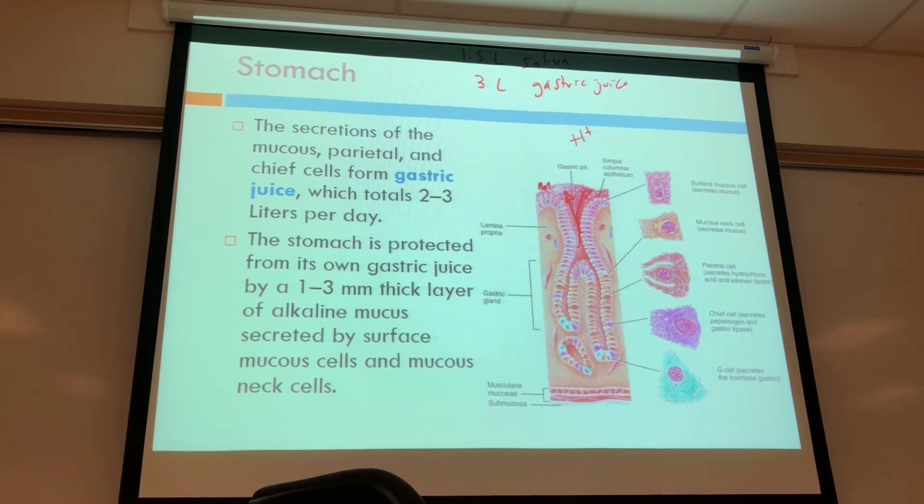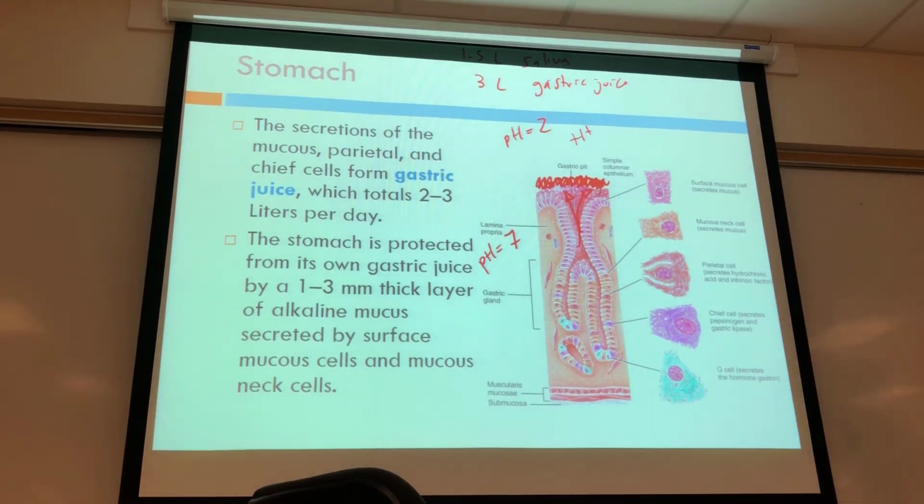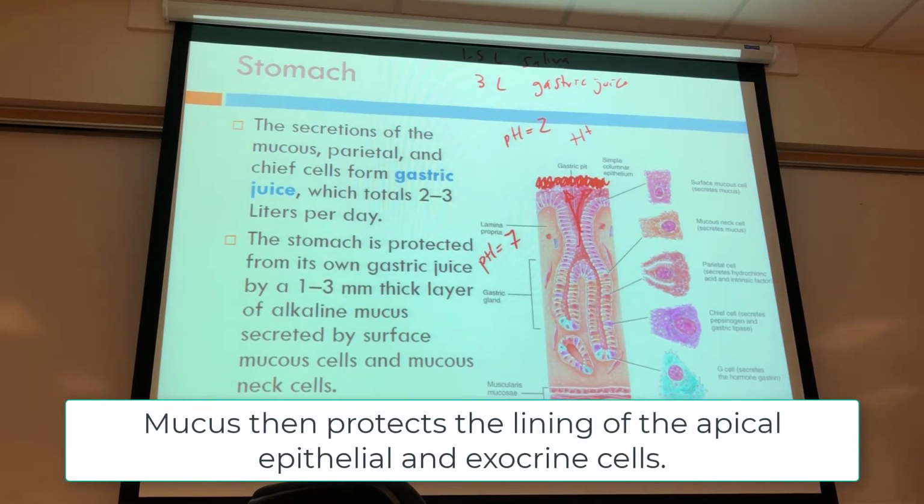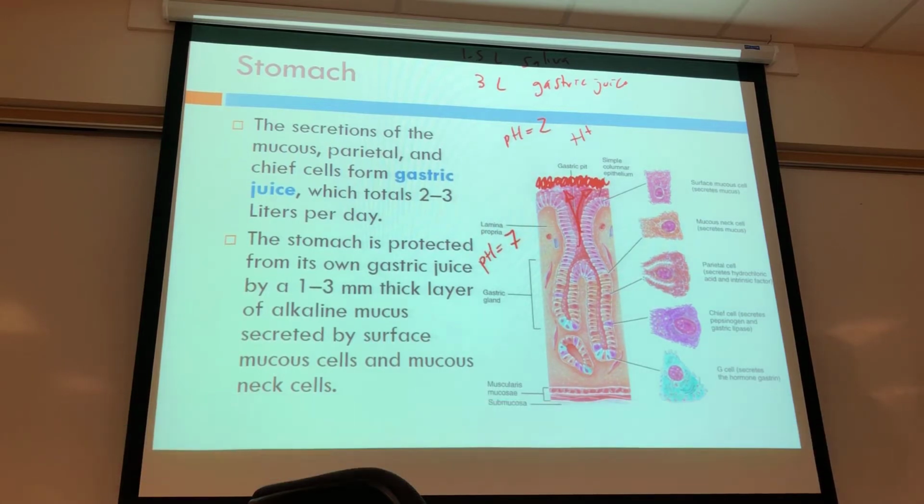And that mucin, once mixed with water, creates a very thick layer of mucus. That mucus separates the pH of 2 in the lumen from that of the surrounding tissues, which should be neutral at a pH of 7. So this is fairly important when we look at how we maintain the acidic environment in the stomach separate from that of the tissues. Because what would happen if we don't get the production of mucus?